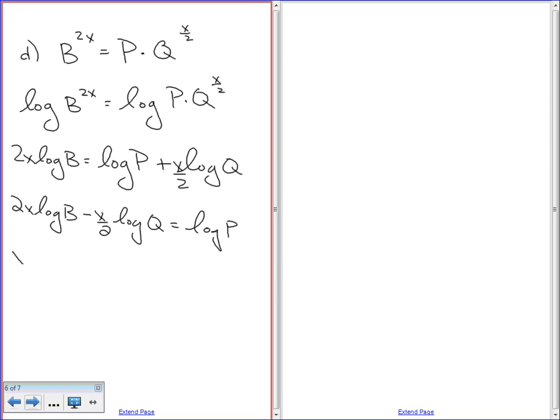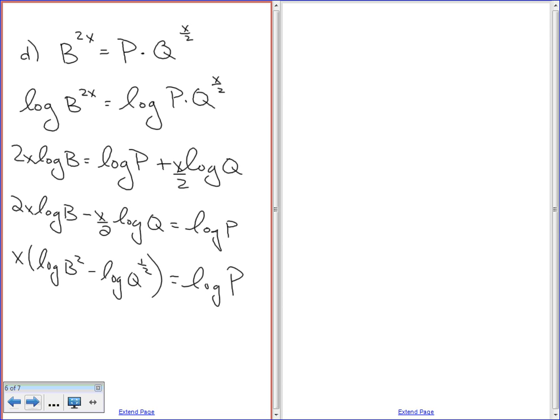So I end up with 2 log b, but I can make that the log of b squared, minus, I've taken the x out in front, common factor, it's 1/2 log q, but I can make that log q to the 1/2. And that's equal to the log p.